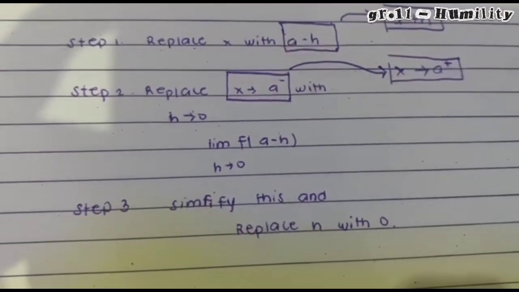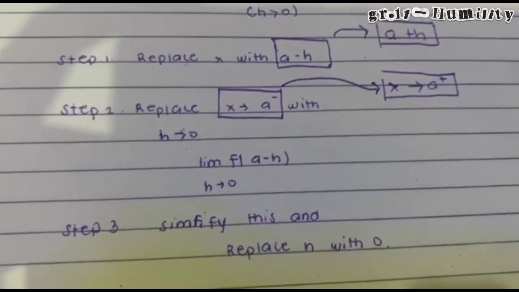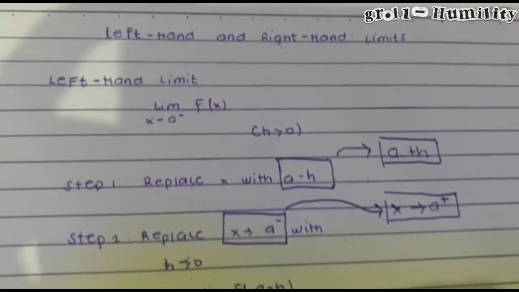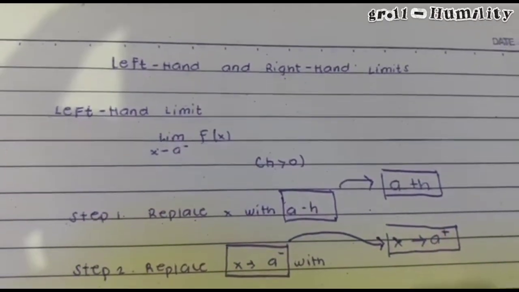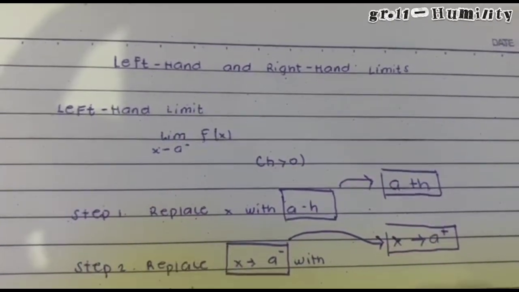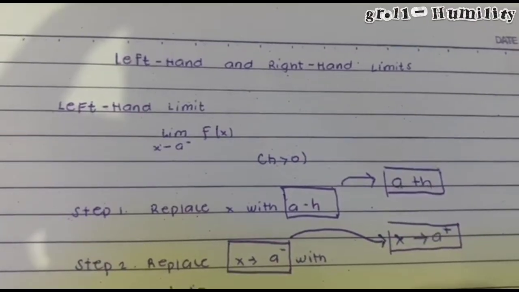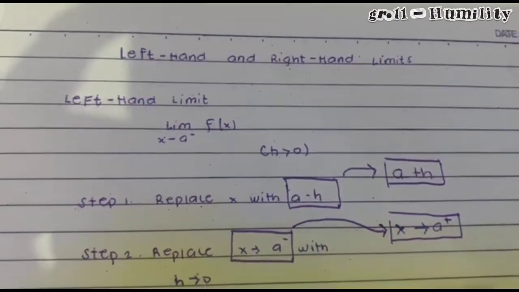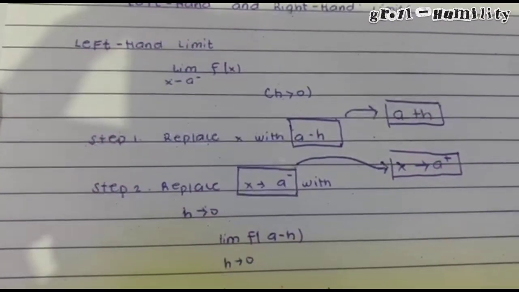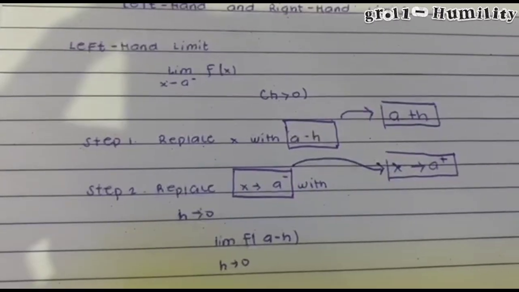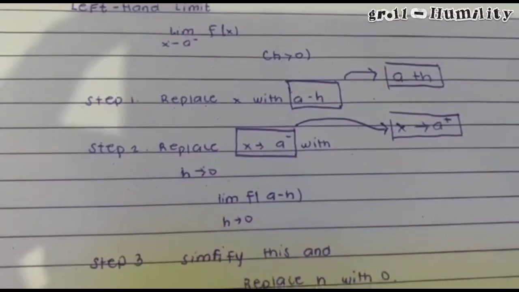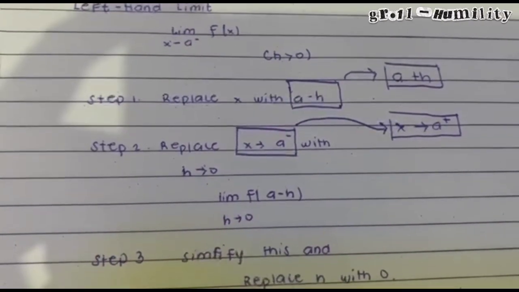This gives us the following. And finally, you just have to simplify this and replace h with 0. For the right-hand limit, the process is almost the same, except you will replace x with a plus h and x tends to a plus with h tends to 0.